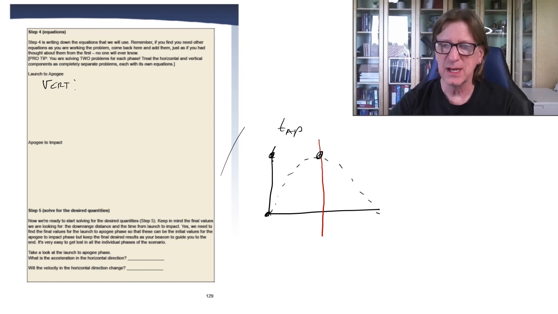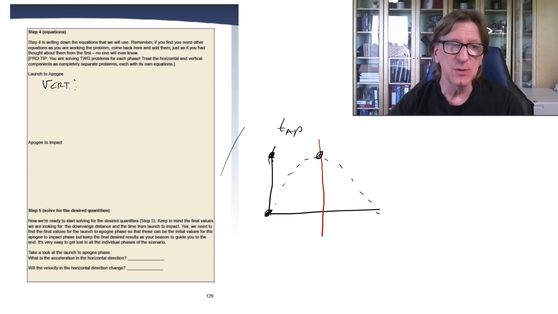Okay, so I want the time from here to here. That's going to be my time to my apogee. Okay, so we know velocities. We don't know a height yet, but I know a time. So which of the kinematics equations am I going to use? I'm going to use velocity versus time. That's why we named it that.